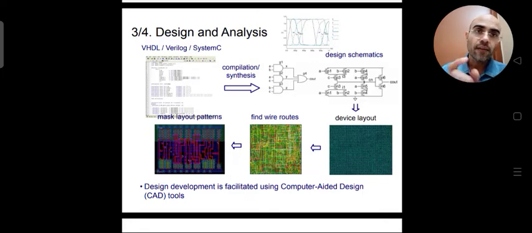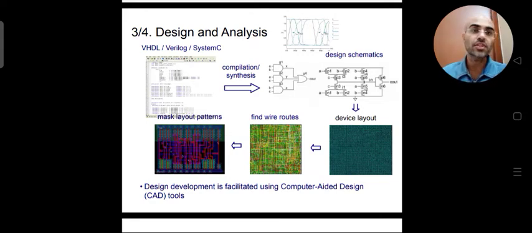VHDL stands for Very High Speed Integrated Circuits Hardware Descriptive Language. So V is for VLSI, and HDL is the common word: Hardware Descriptive Language, for very large scale integrated circuits.